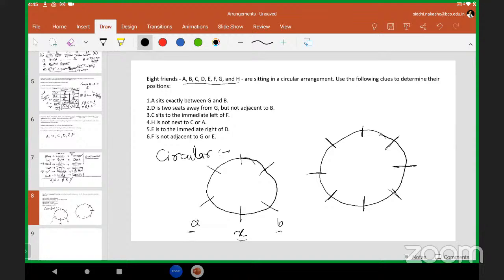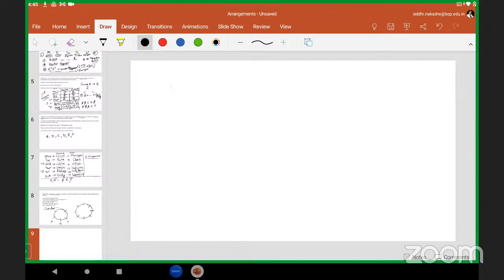So there are 8 positions. Now let's start with the question. 8 friends A, B, C, D, E, F, G, H are sitting in a circular arrangement. So let's start with the circle first. Again, we'll draw a circle with 8 positions. 1, 2, 3, 4. 1, 2, 3, 4.